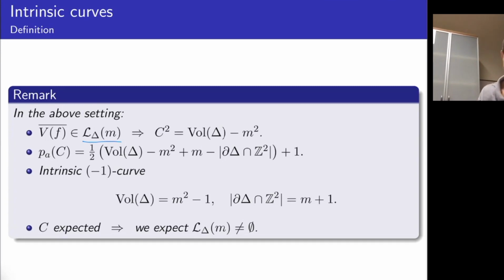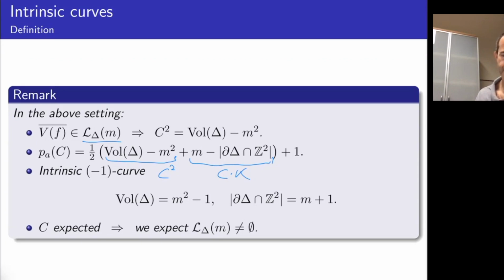And okay, we can also compute the arithmetic genus using the fact that this is the self-intersection of C, and this is the intersection of C with the canonical divisor of the blown up surface. We get that the arithmetic genus can be expressed in terms of the geometry of the polygon delta.